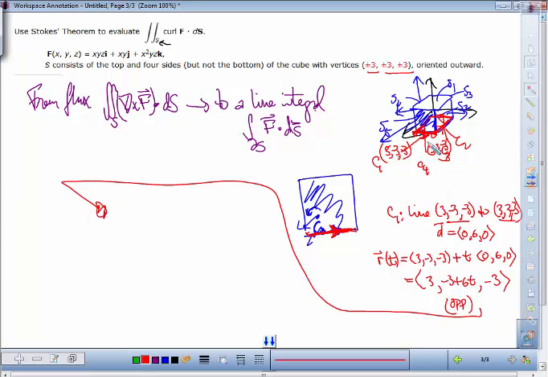So if you were to go through this, let's call this curve 1, I think we called it C1. So let's do a line integral over C1 of the vector field x, y, z in the i direction, x, y in the j direction, and x squared y, z in the k direction.